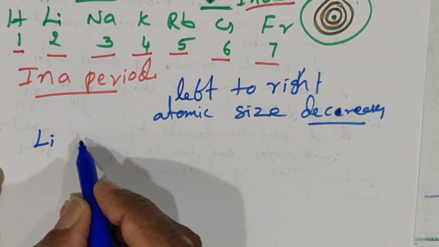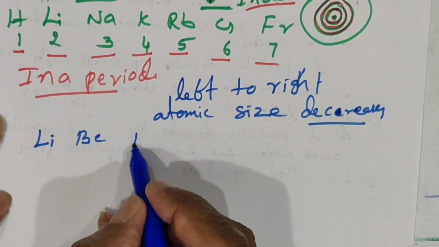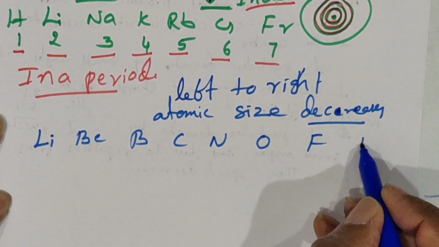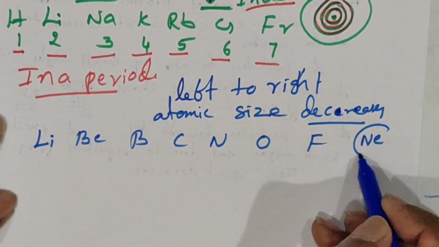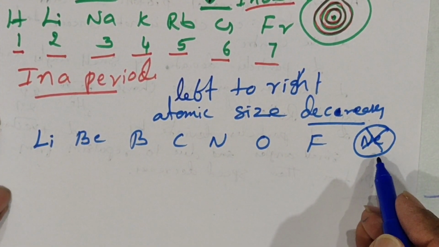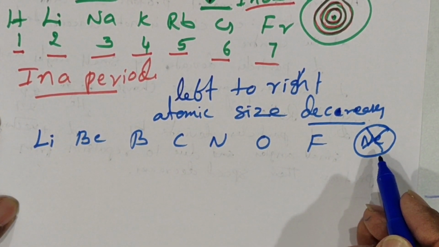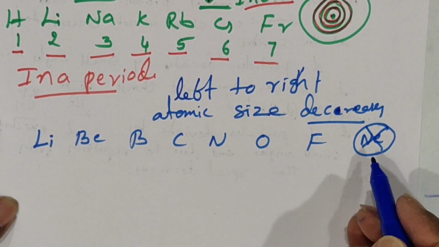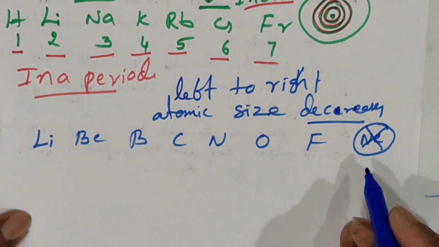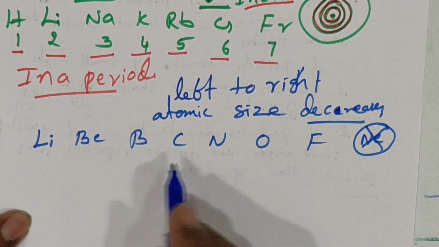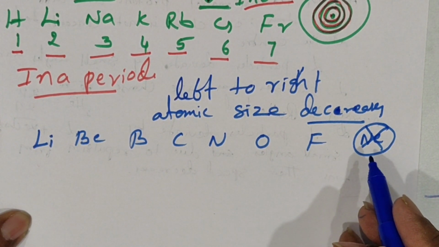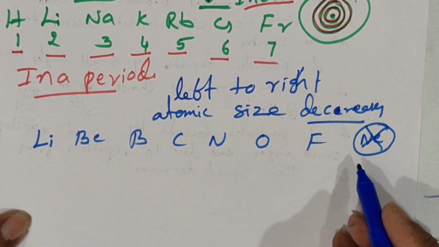Lithium, beryllium, boron, carbon, nitrogen, oxygen, fluorine. Neon is the inert gas. We cannot give the information here because it doesn't form any bond with other elements. That's why we cannot determine the radius of inert gases by using this concept, because their radius is measured using only van der Waals radius.